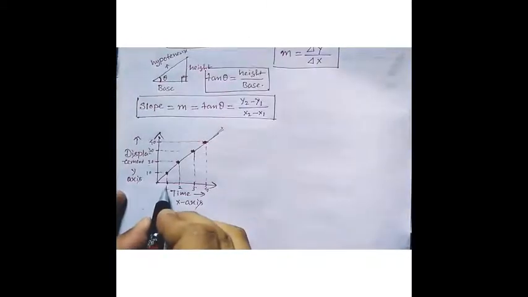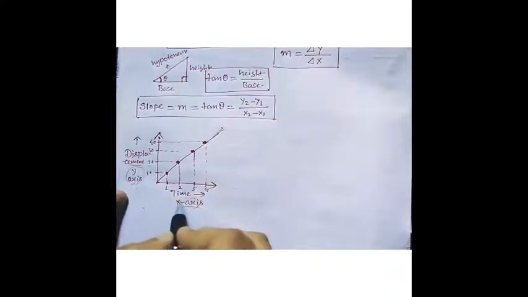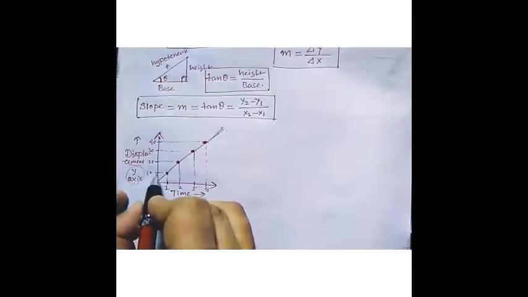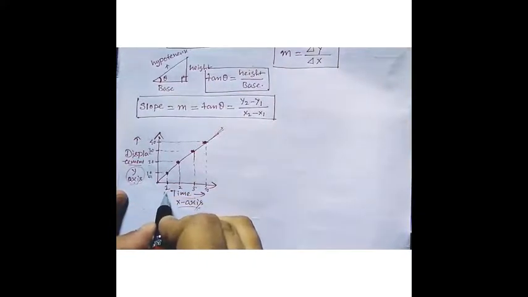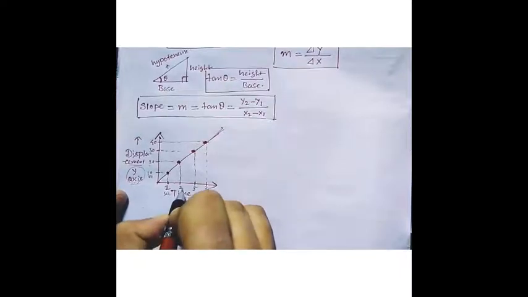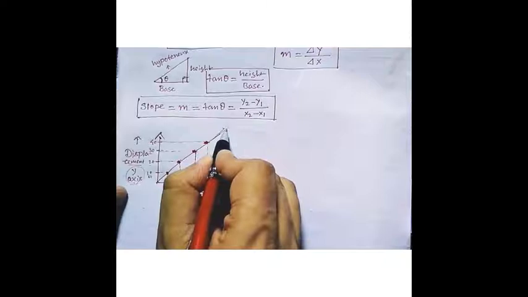So previously you saw the displacement time graph. This is the displacement time graph, and now I will show you how from this displacement time graph you will calculate the slope. So this is the previous graph where I have drawn the 4 coordinates, and this is the straight line.